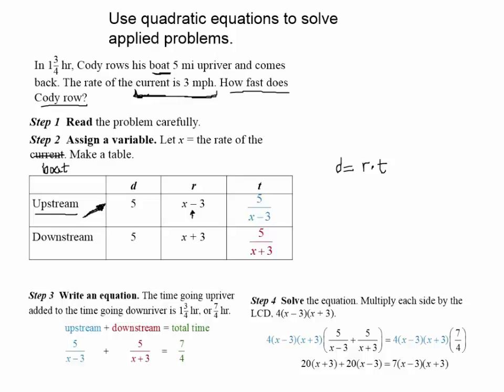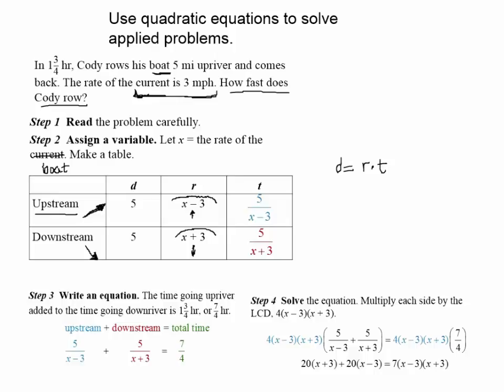But when we're going downstream, the rate of the current, which is the 3 miles per hour, would help us. So that's why we're adding this here. So the rate going upstream would be x minus 3, whereas the rate going downstream would be x plus 3.